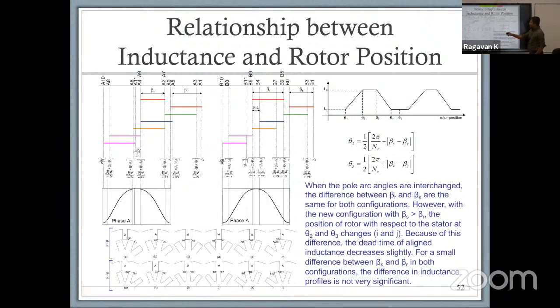So the idea basically is, if you interchange the pole arc angles, you can get configurations that are similar. However, keep in mind that the bigger your circumference, the more space you have. Basically, if you are putting the same number of teeth on the stator versus the rotor, you might have more space on the outside.